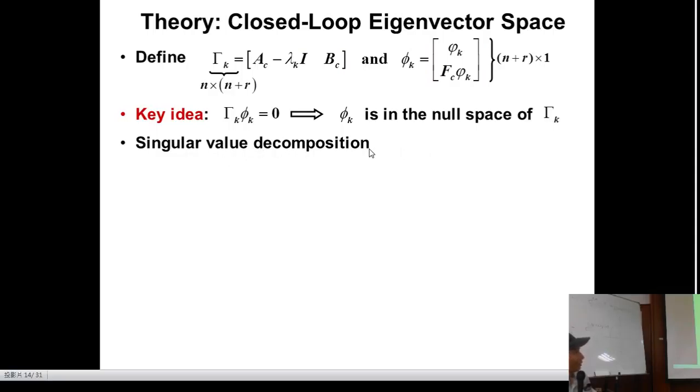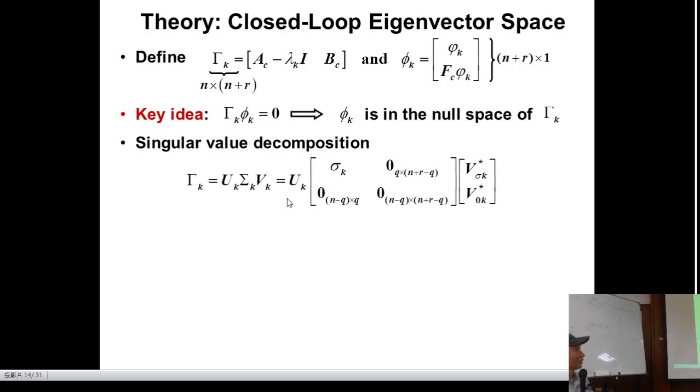So now we use singular value decomposition. By the way, I also added some notes, some slides to show you how you pick the singular value decomposition, how you pick the null space basis vector, right? Did you see that? I think you did.